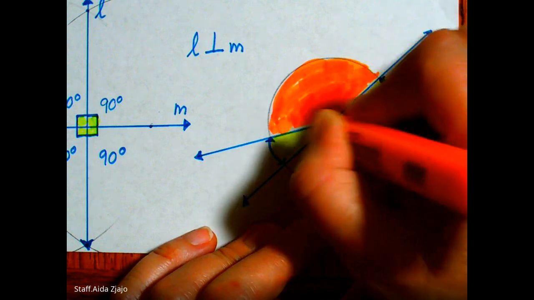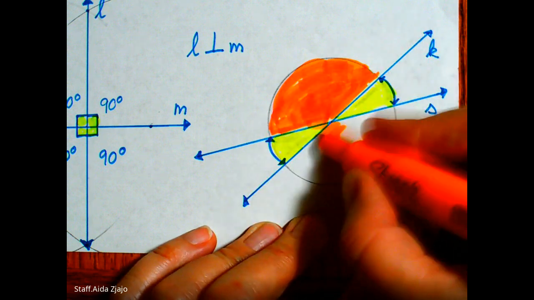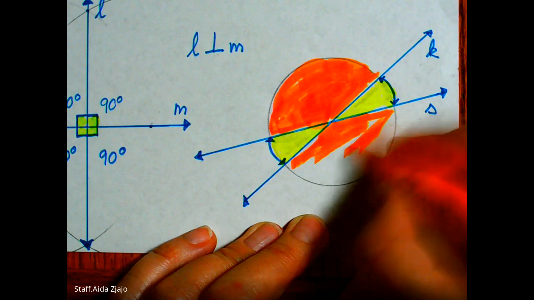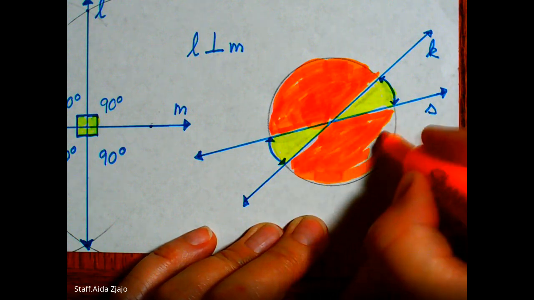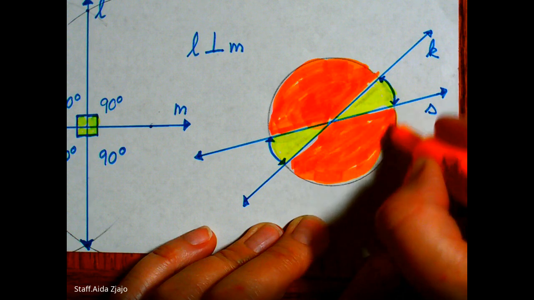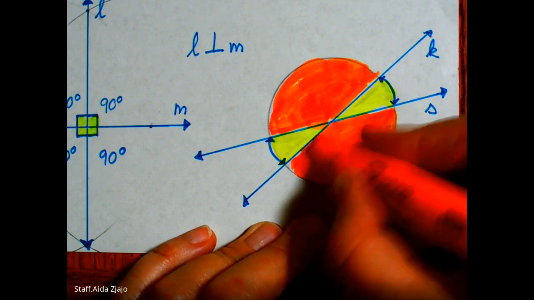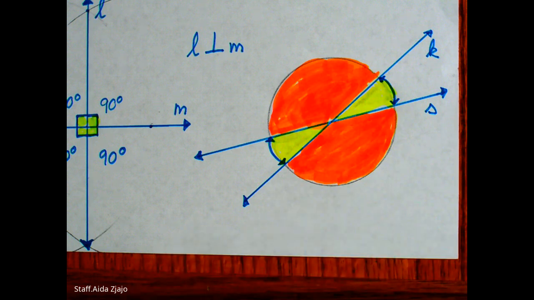One obtuse. And then I have another obtuse angle. Kind of like in color so you can see the difference in between. Okay, so how do we label it?